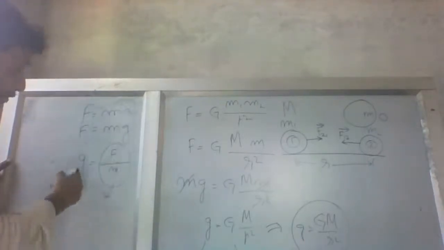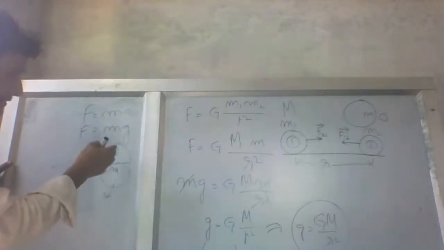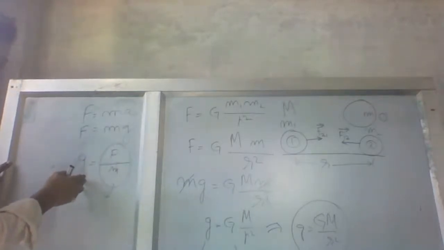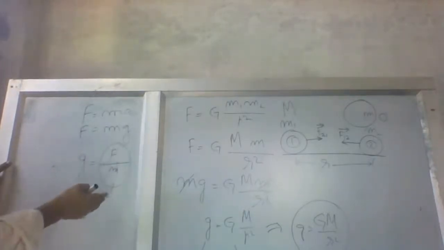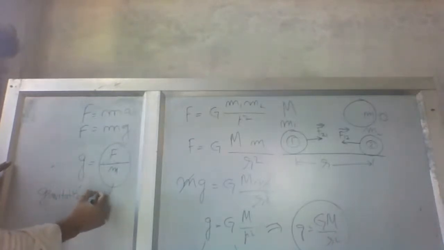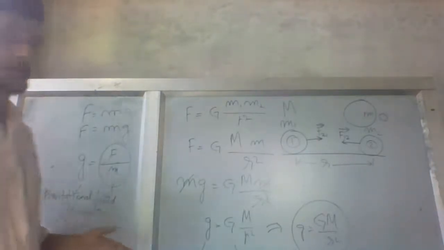This formula g is always g, but by application of F upon m, it becomes the gravitational field strength. This is the gravitational field strength.